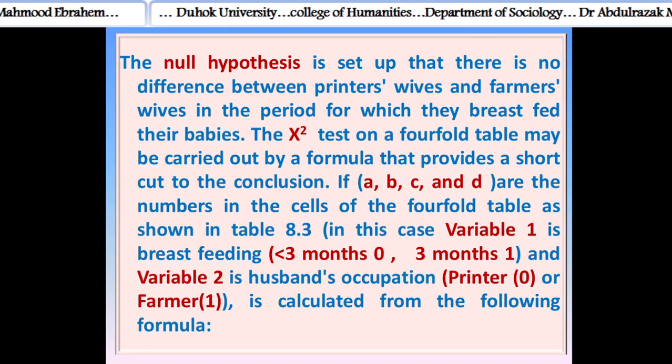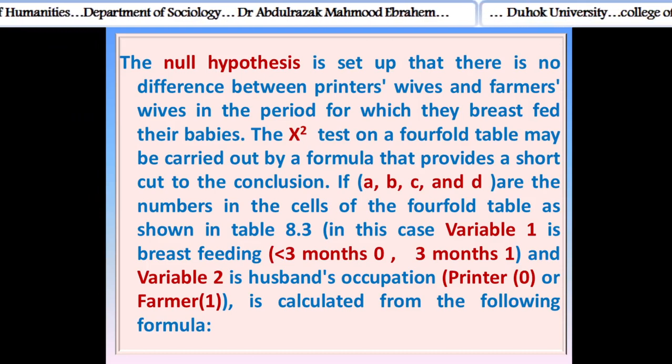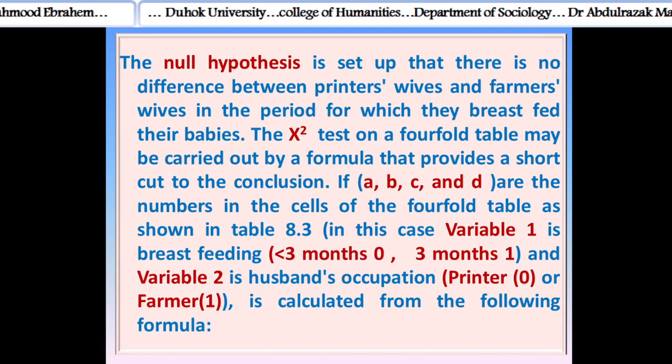Less than 3 months we give the symbol 0, and 3 months or more takes the symbol 1, and variable 2 is husband's occupation, printers 0 or farmers 1.